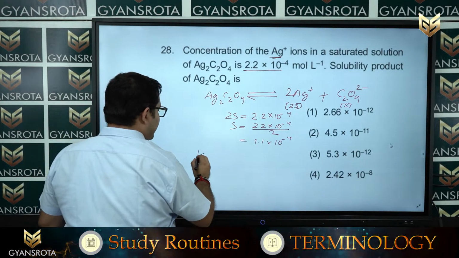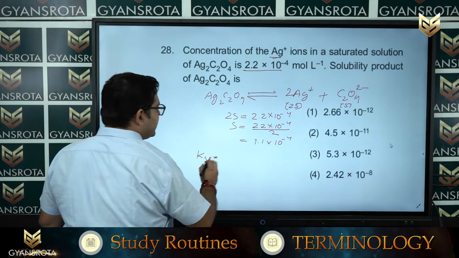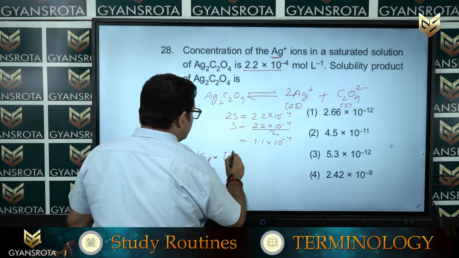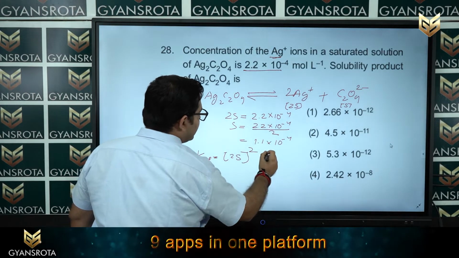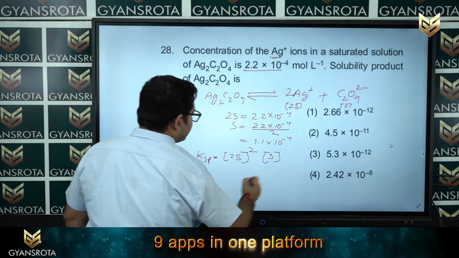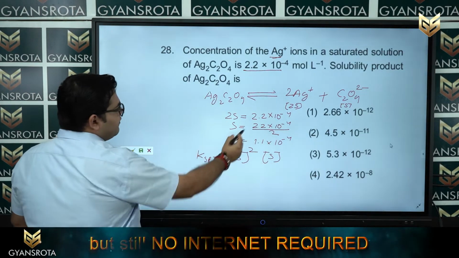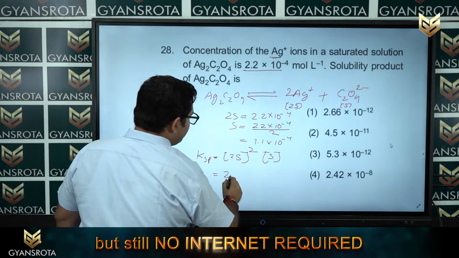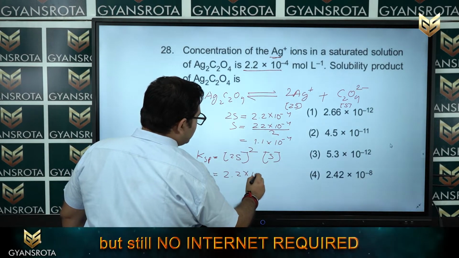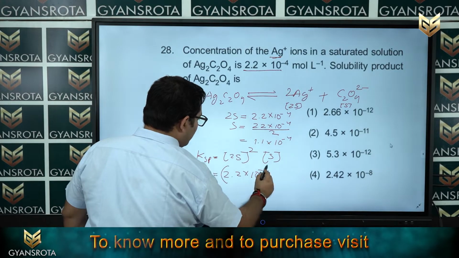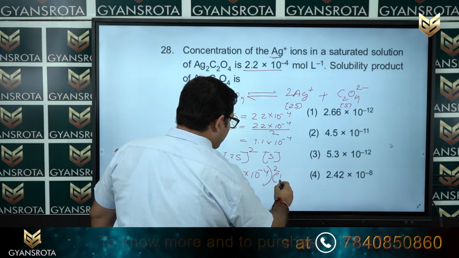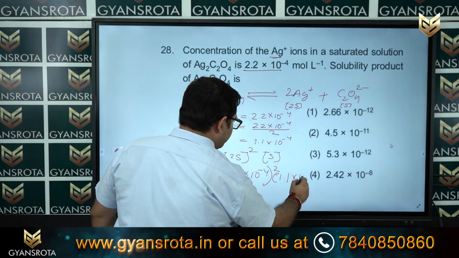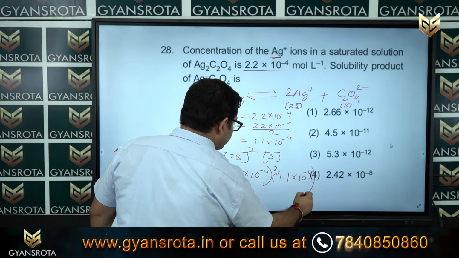Now, for Ksp, for this reaction it will be (2S) whole square into S. So, what is the value for 2S? That is (2.2 × 10^-4) whole square, and for S it will be 1.1 × 10^-4.